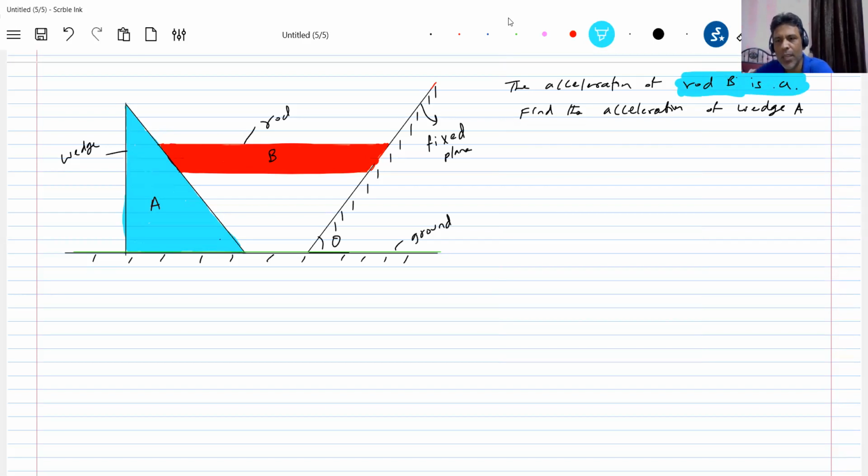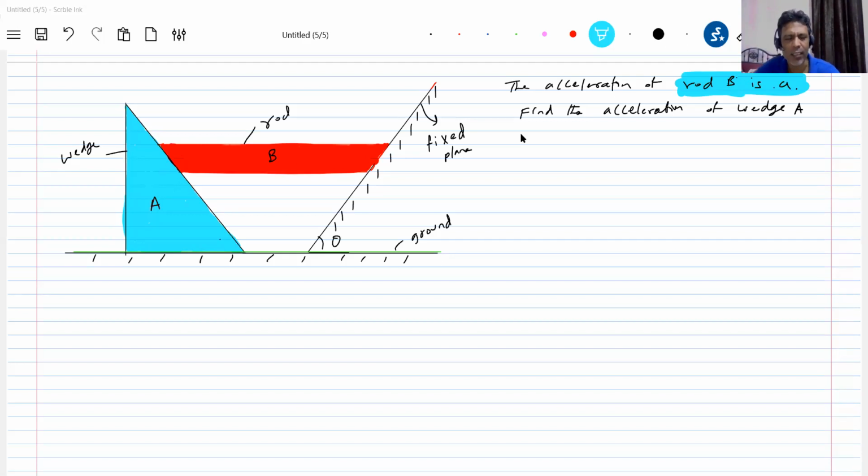Acceleration of the rod B is A, or if you want, write A naught or any other symbol. It's not telling the direction. Will it be vertically up? No, no way.